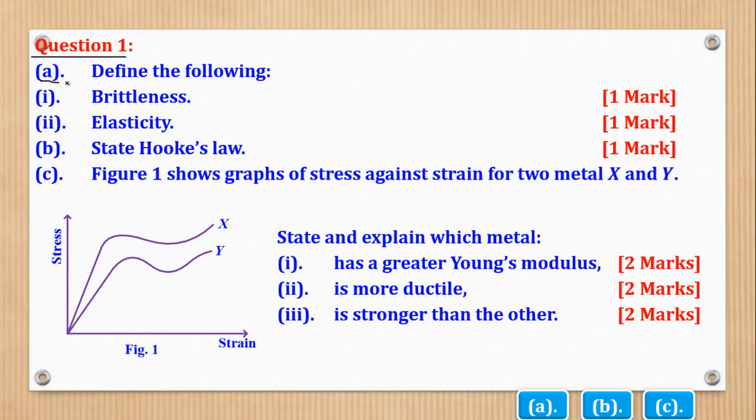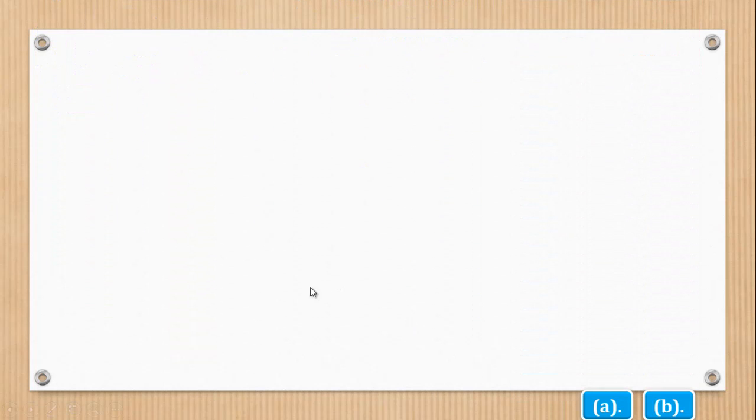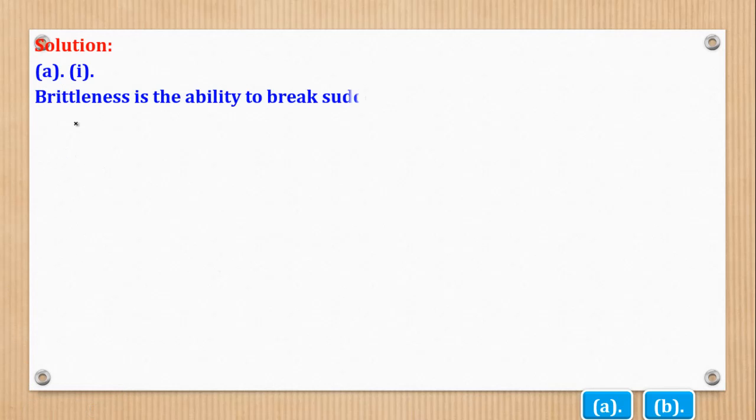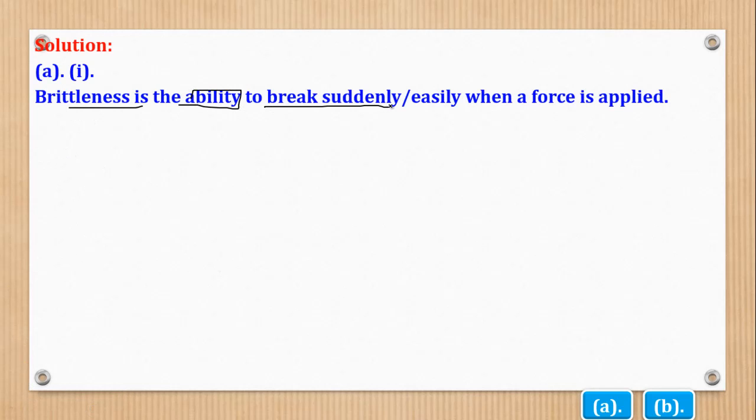Question 1 part A says, define the following: Roman 1, brittleness, and Roman 2, elasticity. Brittleness is the ability to break suddenly.